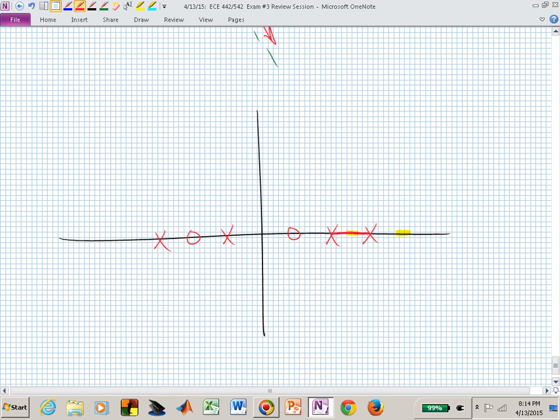The next one over? The one to the left of the first zero on the right. The next one between the zero on the left and the pole on the right. The one between the leftmost pole and the right and the leftmost zero.